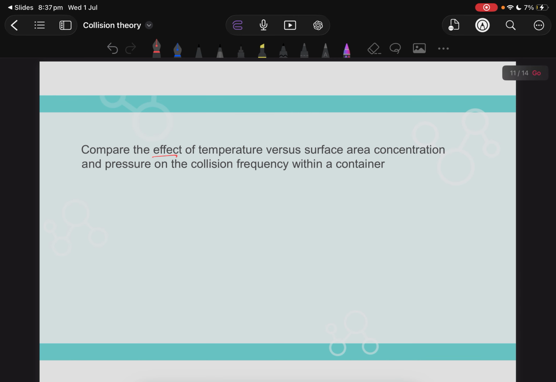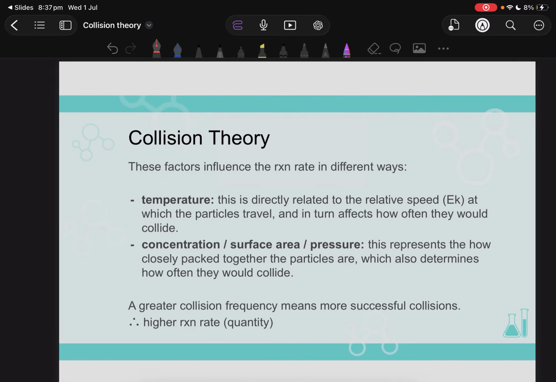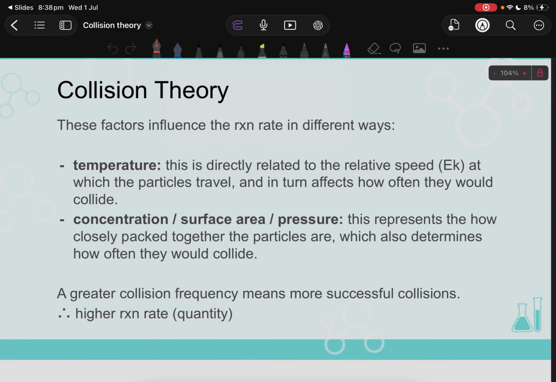Now, if we're comparing the effect of, and I was going to put this out for you guys to answer, but just going to go through that. If we're comparing the effect of temperature versus surface area, concentration, and pressure, temperature has something unique. It's special. It's a special little one. The special thing with temperature is we are linking it to our activation energy and the kinetic energy that the particles have, because essentially temperature is the only one that's able to increase or decrease our kinetic energy.